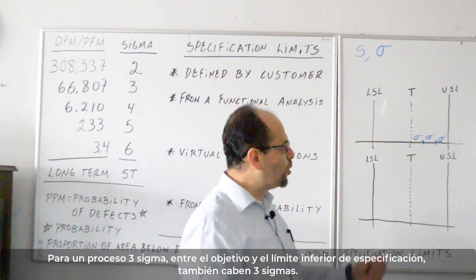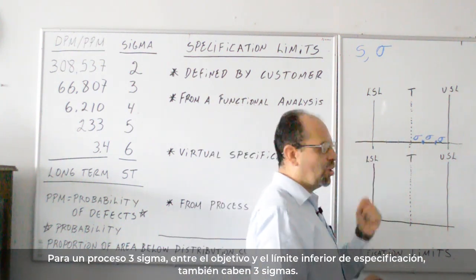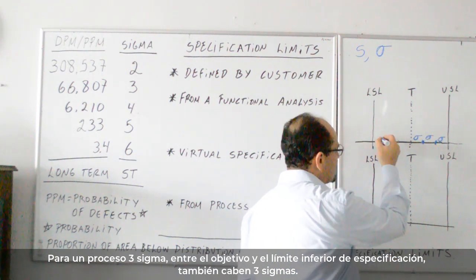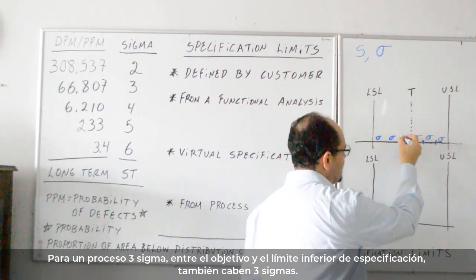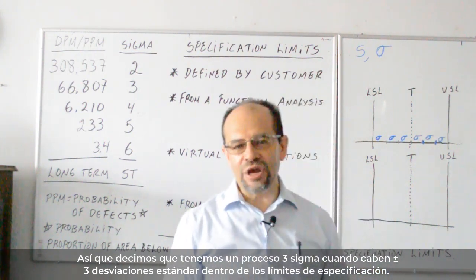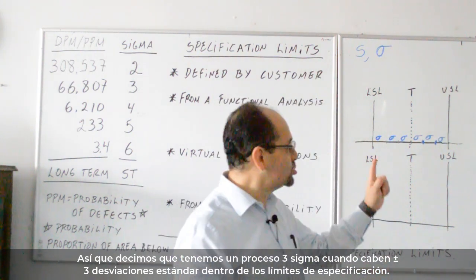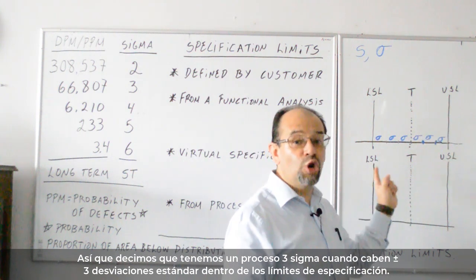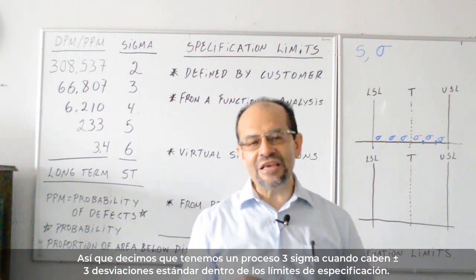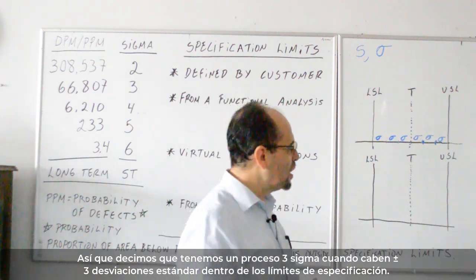For a 3 sigma process, also between the target and the lower specification limit, assuming that the process is centered, 3 standard deviations fit in there. So we are telling that we are having a 3 sigma process because plus minus 3 standard deviations, or plus minus 3 sigma, fit inside the specification limits.